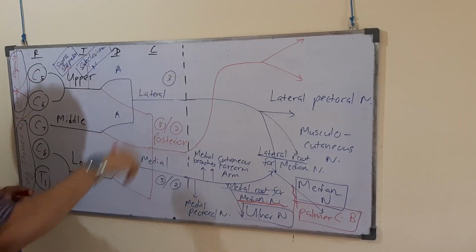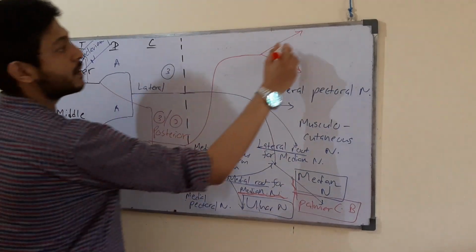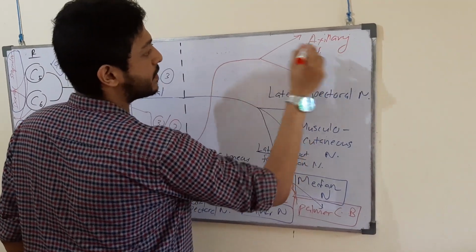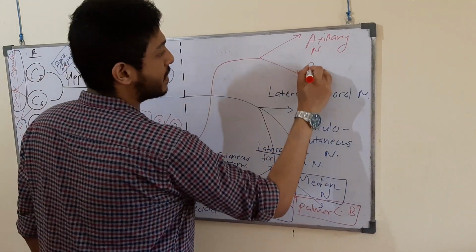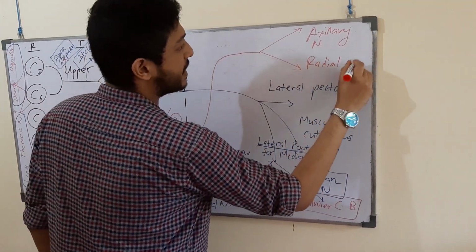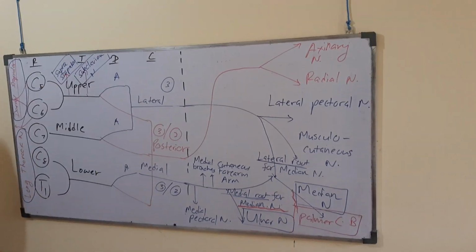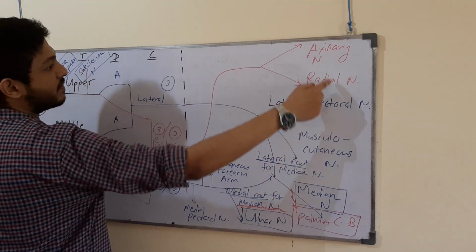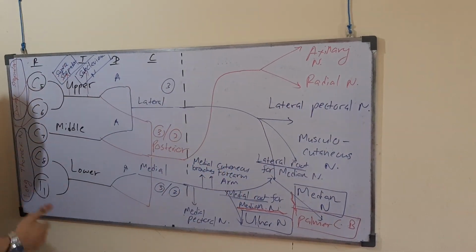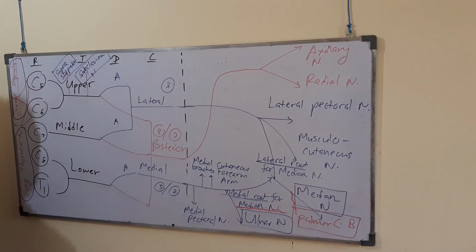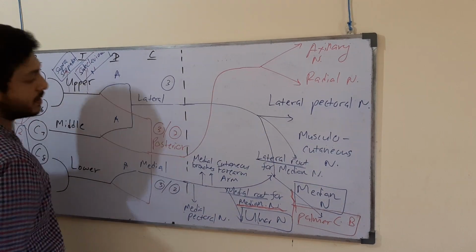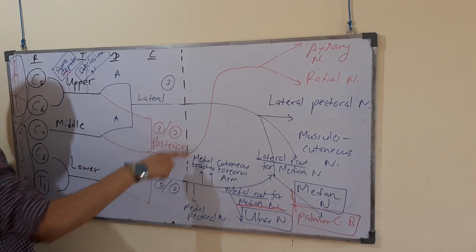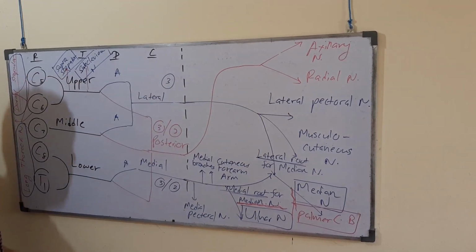The main two branches of the posterior cord are the axillary nerve and the radial nerve, right? So hence the name posterior, we should know that the axillary nerve and the radial nerve are usually innervating the posterior surface of the upper limb, right? So those are the two main branches of the posterior cord.